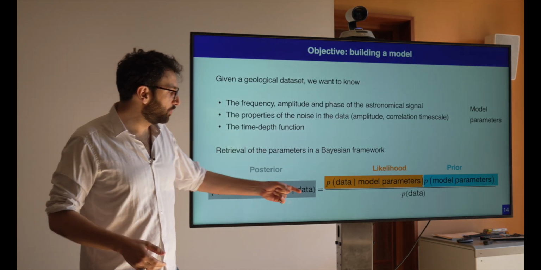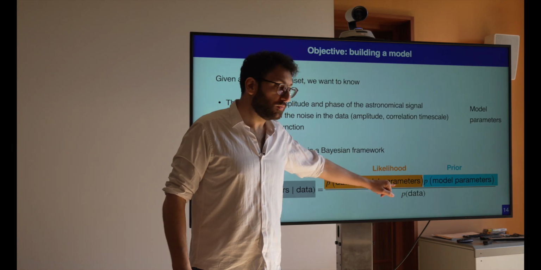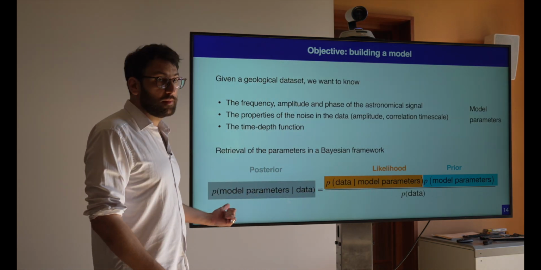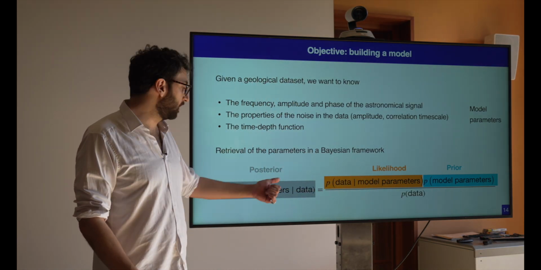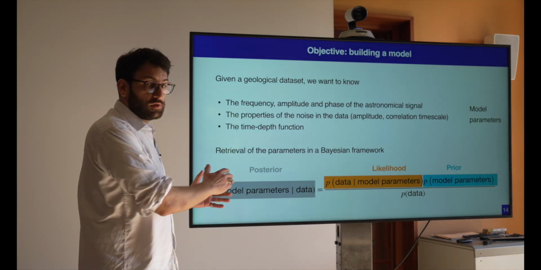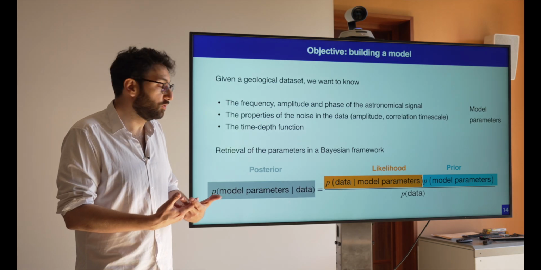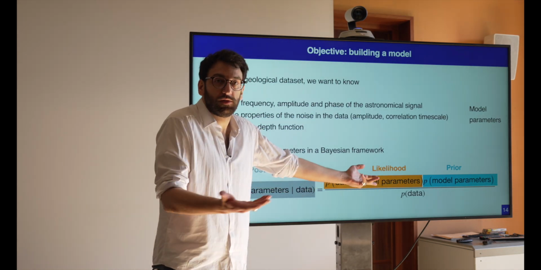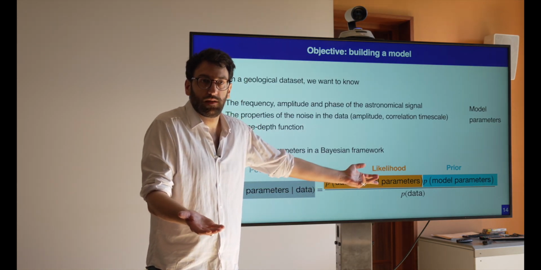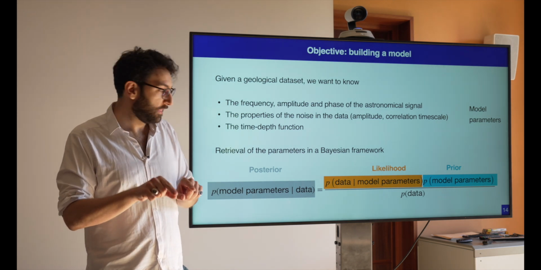Instead of computing the probability of the data knowing the model parameters, we want to compute the probability of the model parameters knowing the data. This is much closer to your practical situation, because in the practical situation, you don't know the model parameters, that's what you're looking for. But what you do know is the data.